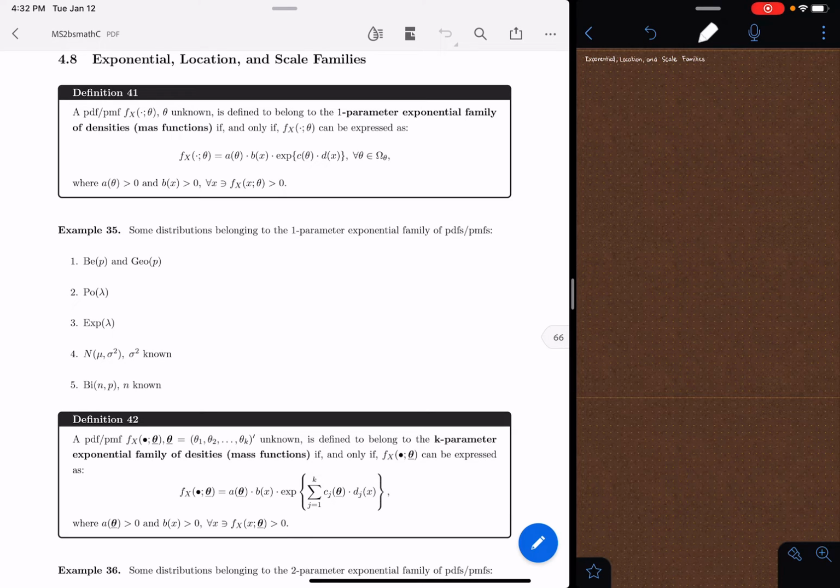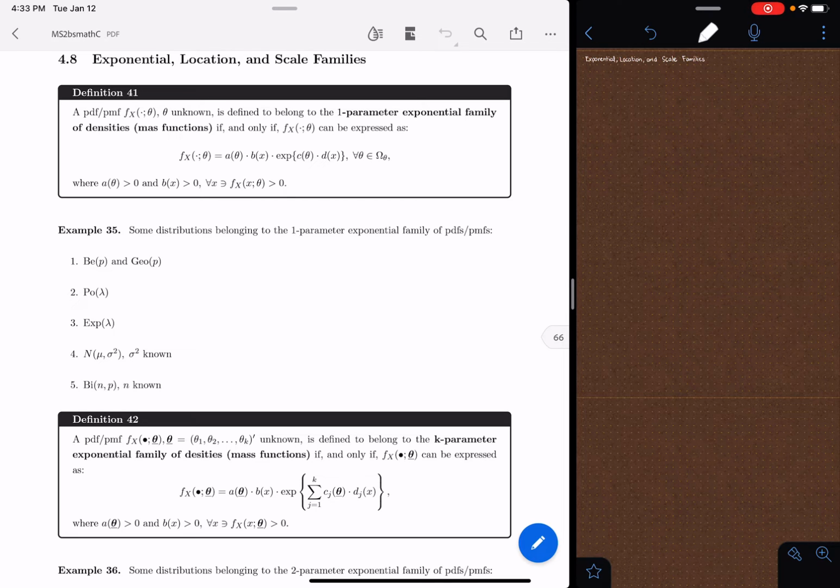So we have here in Example 35 some distributions that belong to the one parameter exponential family of PDFs or PMFs. So in number 1, we have the Bernoulli with parameter p and the geometric distribution with parameter p. Number 2, we have the Poisson distribution with parameter lambda, and in number 3 we have exponential.